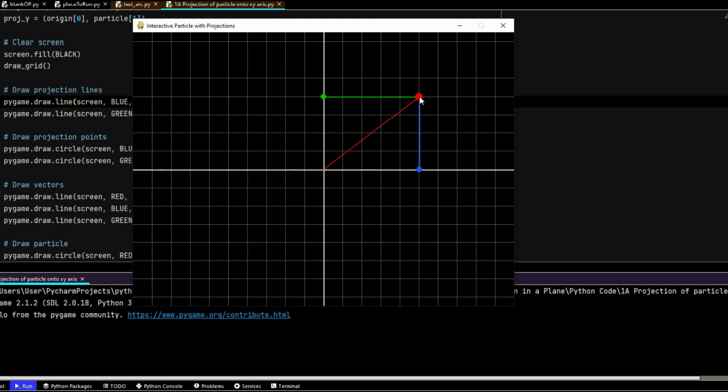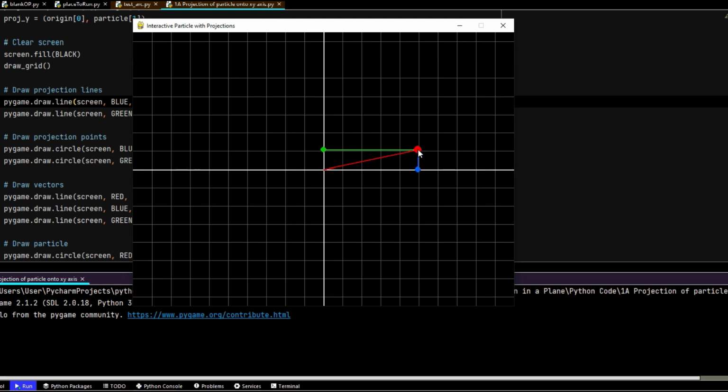That's much easier to communicate rather than trying to tell it is at an angle of 30 degrees or 45 degrees, whatever this angle is, and at a distance of 5 units. That is also possible, but this is much easier. 5 right and 1 up is much easier to communicate, right?